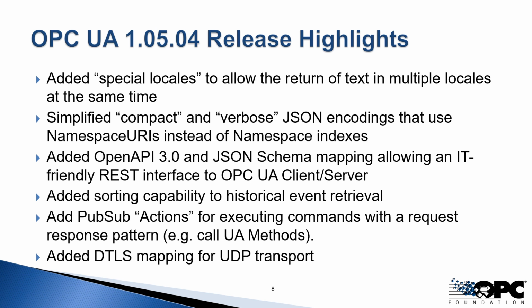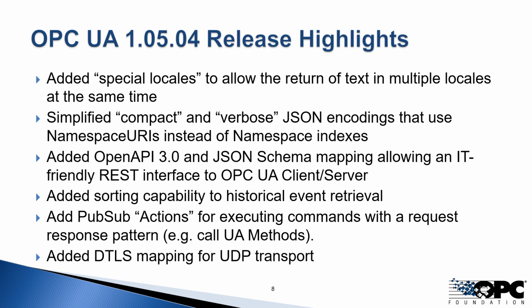So in the 1.04 release, that hopefully will be released as a release candidate at the end of this month, we've added a couple of special locales to allow the return of text in multiple locales at the same time. In UA, typically in a session, the client expresses a preferred locale and the server returns one localized string for each thing that's read.